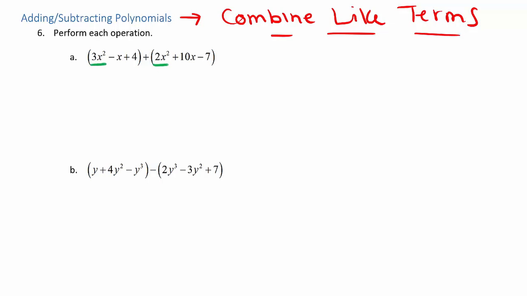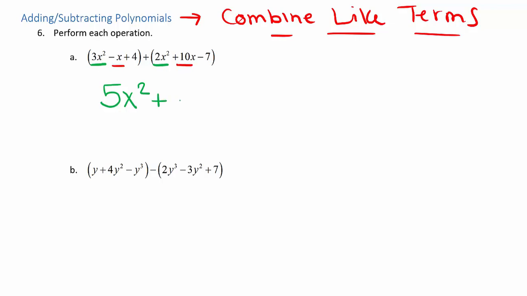So in example A, the 3x squared and the 2x squared are like terms. I add the coefficients, and the variable part stays the same. So I get 5x squared. Notice the exponents only change when you're using that product rule or the power rule, when you're multiplying. When you add, the exponents don't change.